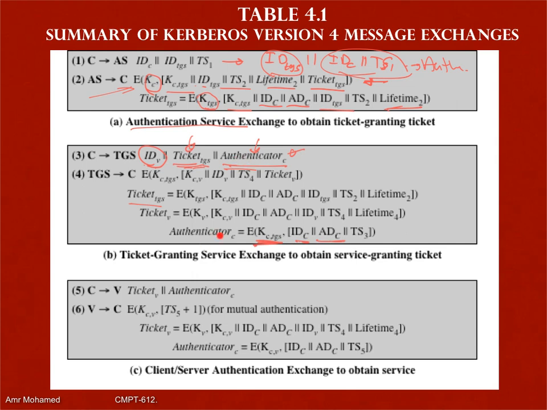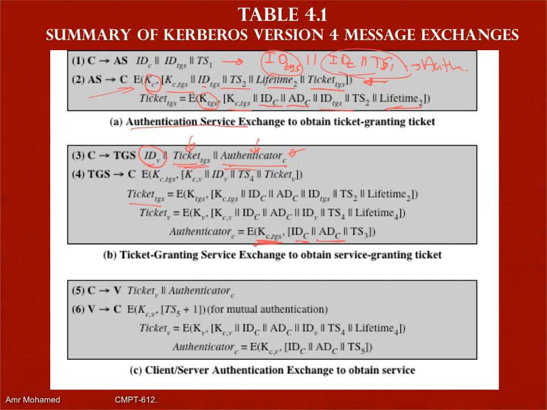The authenticator here contains my identity encrypted with the session key. And in the response, I will grant you, because you are requesting to communicate with the service provider, with V, a one-time session key to communicate with the service provider, and I will give you a ticket which grants you this communication for a duration of time.